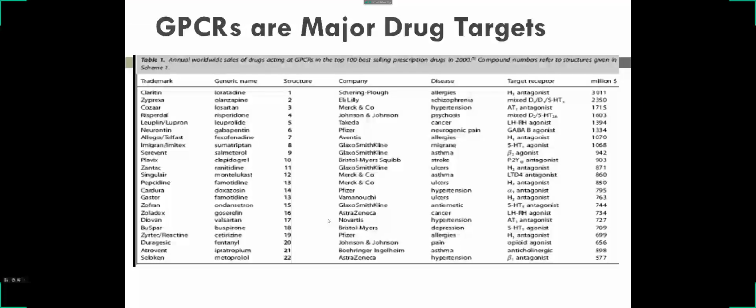These are some of the important medicines that are targeting G protein coupled receptors. And this slide is now a few years old, but still you see GPCRs are very, very important.